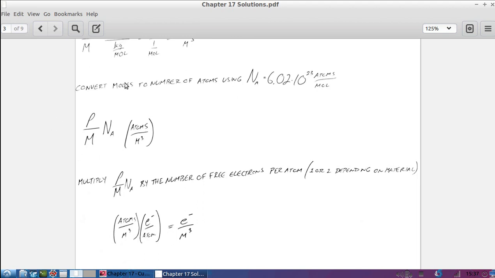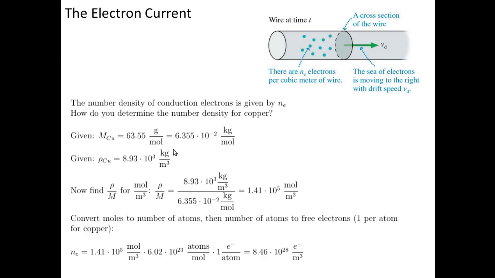I'm getting rid of the moles, and I want atoms. So now this value right here we can call the atomic density, the number of atoms per cubic meter. For copper, I take this value and multiply it by Avogadro's number, and I get this number, but I'm not quite done yet, because every atom in a conductor will give up either one free electron or two free electrons.